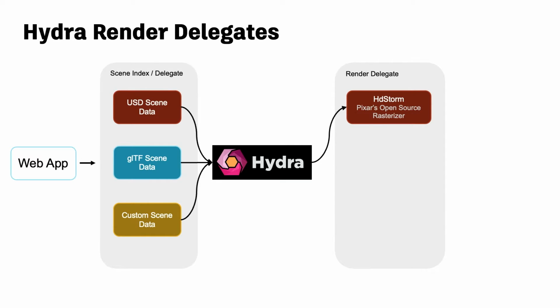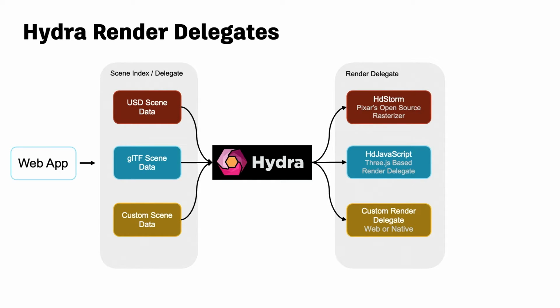So we have the Storm renderer, which is the default rasterizer that comes with the USD library. Then we have the JavaScript render delegate that we released originally there for three.js, or based on three.js, I should say. But you can add any sort of render delegate of your own, whether it's a JavaScript-based one or a native engine that you cross-compile. So all of these are interesting depending on your workflow.